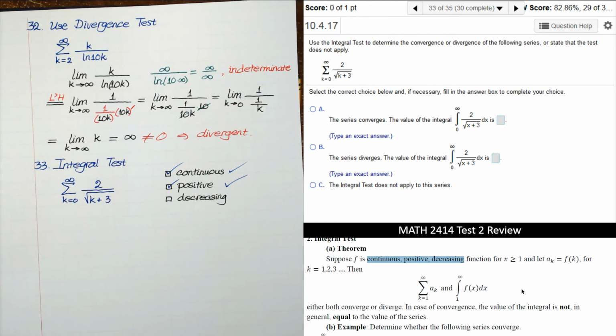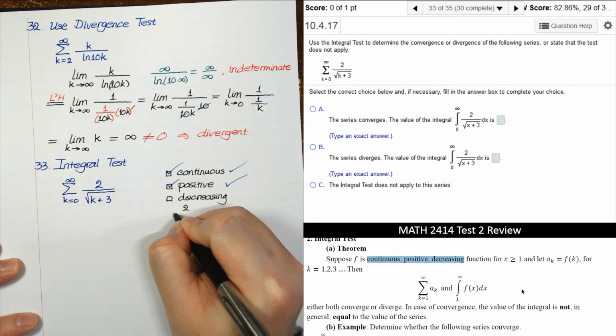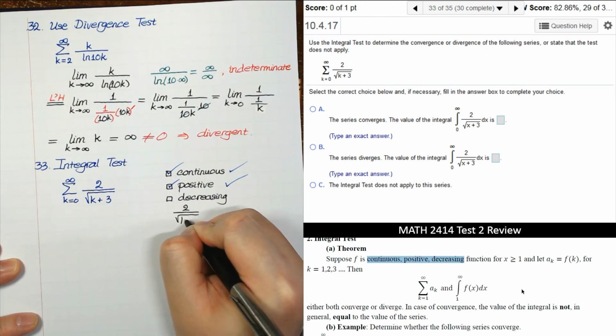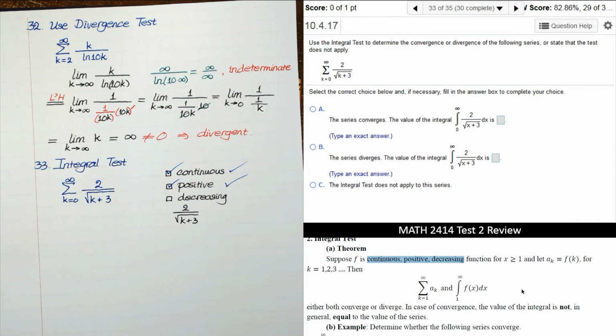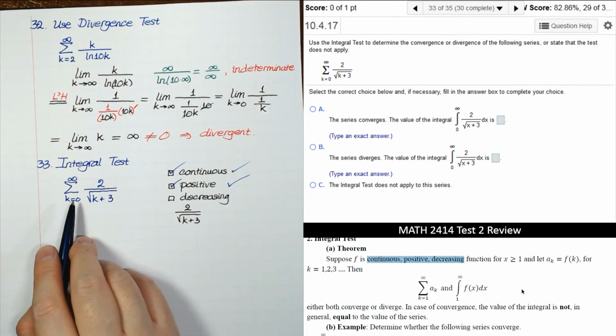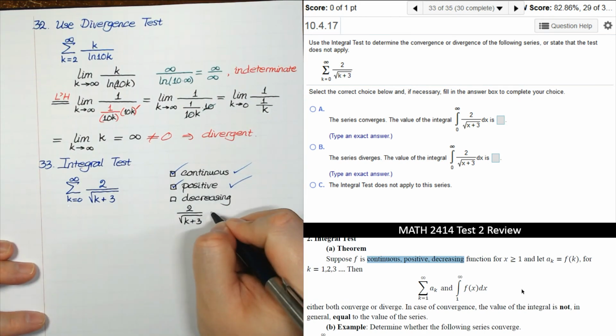And then decreasing. Usually in calculus 1, decreasing means the derivative is negative. But in this case we say decreasing because, think about it this way. We go from k and we're increasing values of k.